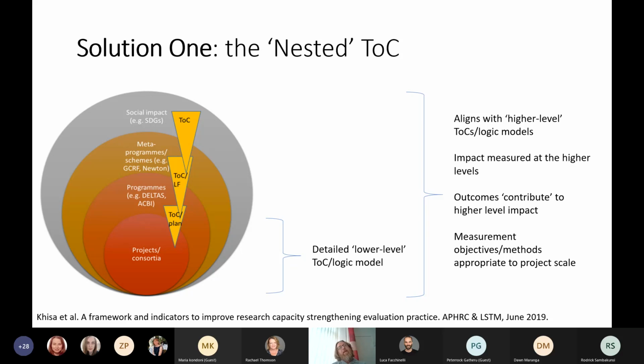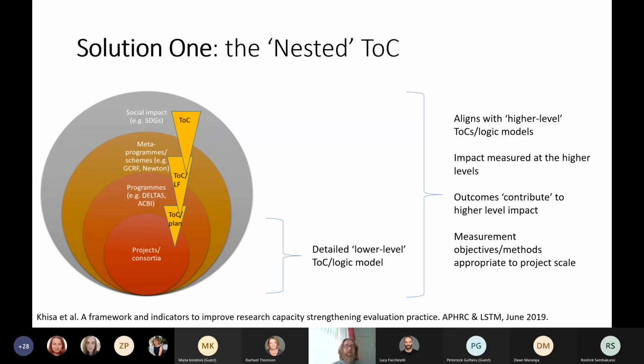So if you were to have a lower level nested theory of change or logic model, you would end with short to midterm outcome indicators that are closely connected to the work you're doing, but they might be relatively modest in scope. They wouldn't be, for example, measures of all-cause mortality or necessarily prevalence or incidence. Those are much larger social impact measures.